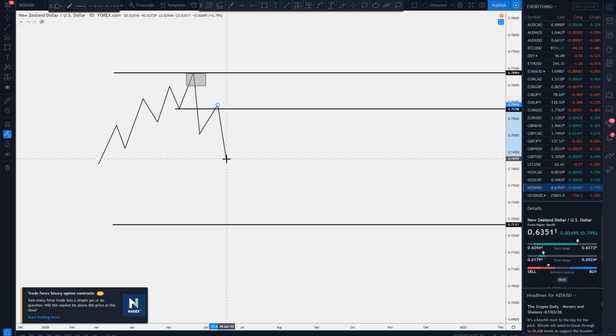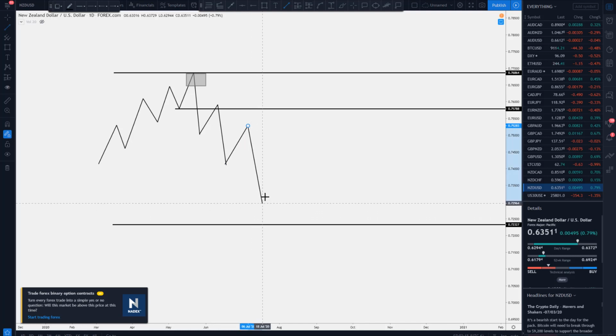And then price shoots down again. And then, of course, they had to run the market up here. Right? Market makers move the market, so they have to run the market up here. So they have to, once again, mitigate those orders that they had there. This is how trends are made.